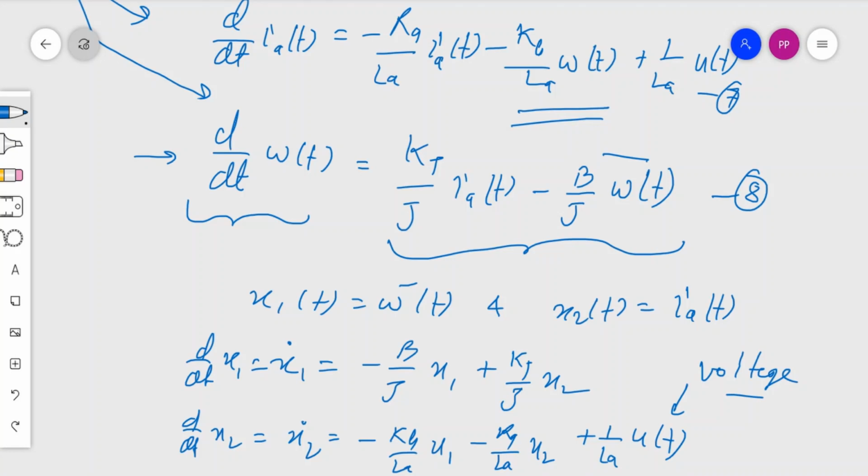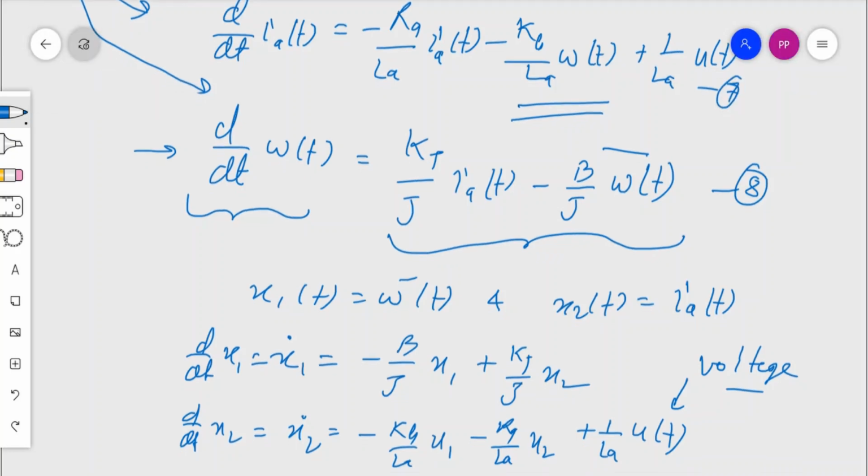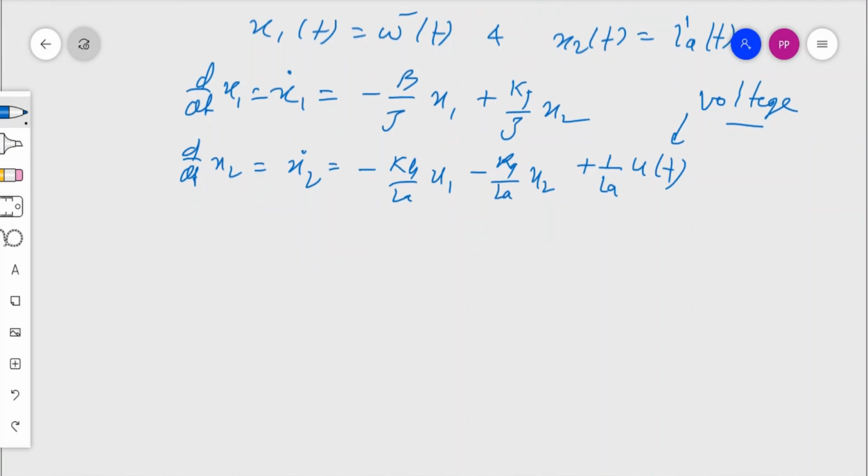So this we can write in the matrix form because we already got the state space model.